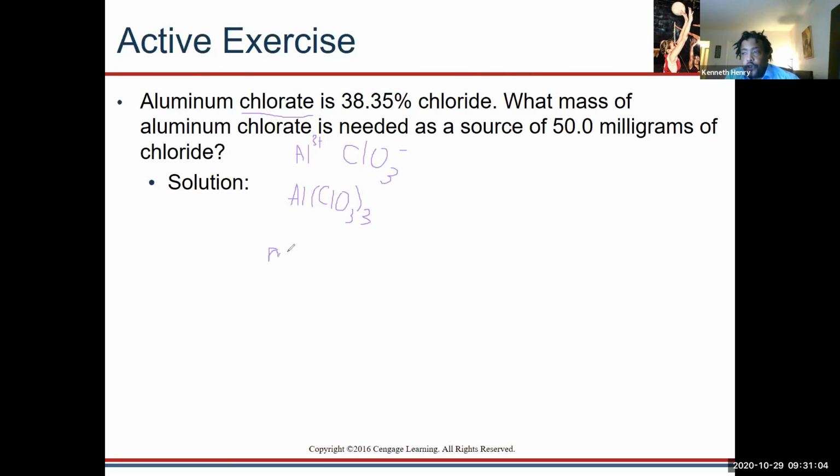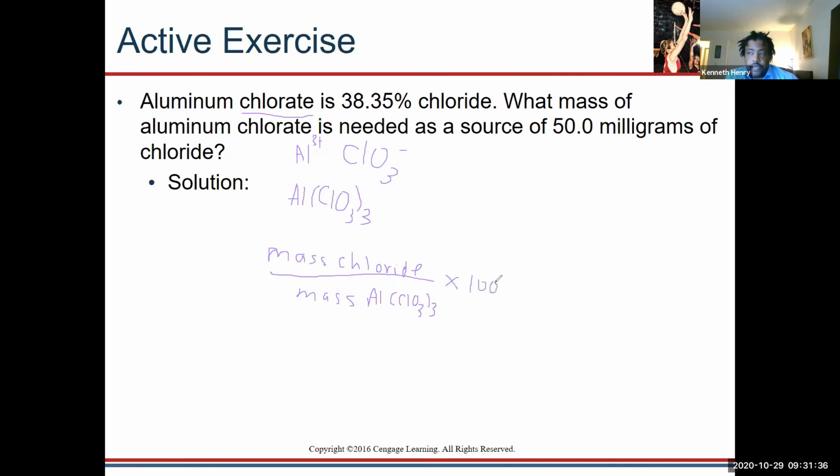So the mass of chlorine, or the chloride, divided by the mass of the whole compound, the mass of the aluminum chlorate, times 100, right?